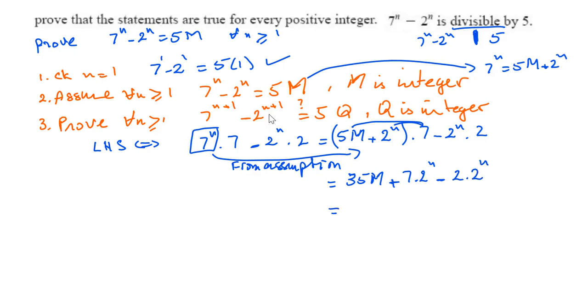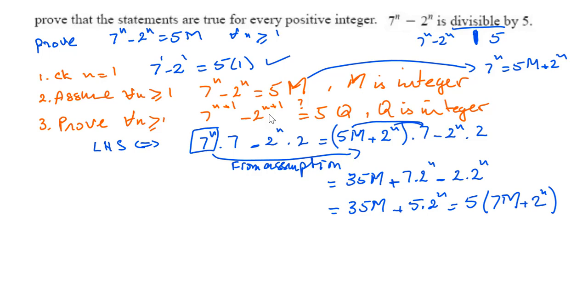Let's add the like terms. So you have 35m, and 7 minus 2 gives me 5 times 2 to the n. So as we see here, this is the same as 5 times 7m plus 2 to the n.